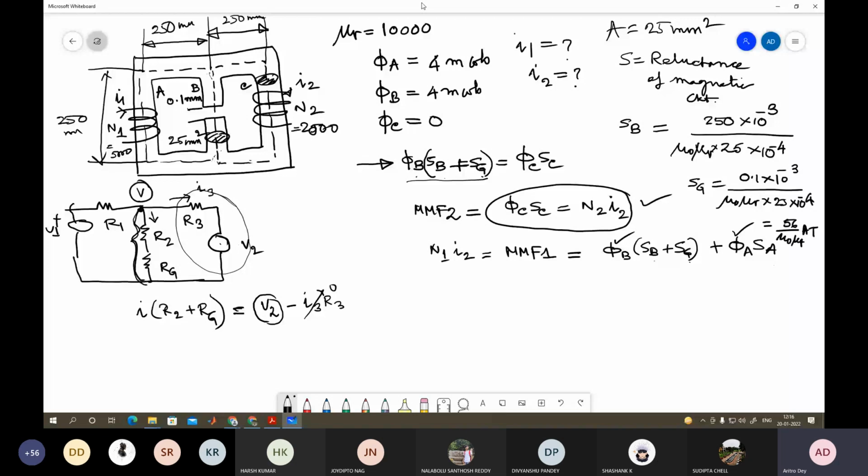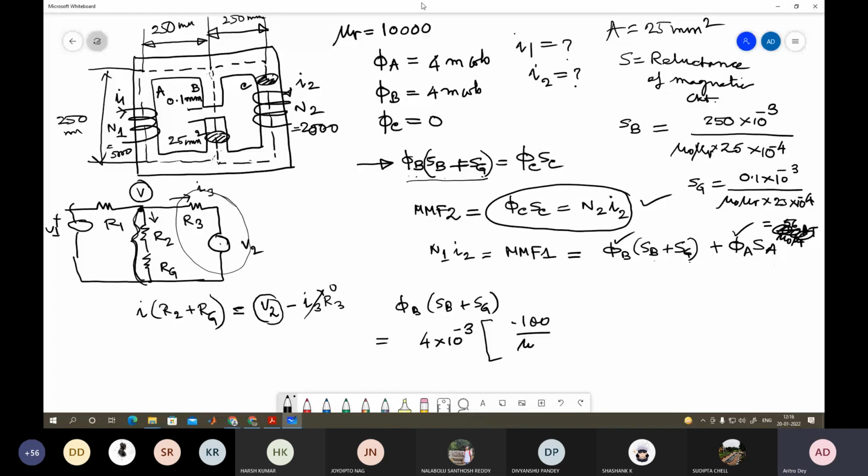Now if you substitute this value of SB and SG here, and put the value of phi, let us write it. So phi B into SB plus SG comes out to be 4 milliweber. So 4 into 10 to the power minus 3 into 250 by this means it is 100. 100 divided by mu 0 mu r, isn't it?